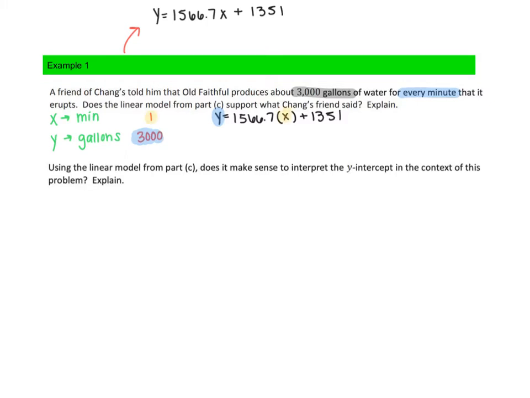All right? So my new equation becomes 3,000 equals 1,566.7 times 1 plus 1,351. And I want to see if this matches. Well, first step, 1,566.7 times 1 is just itself. So that stays the exact same.